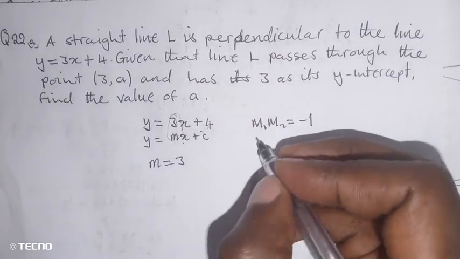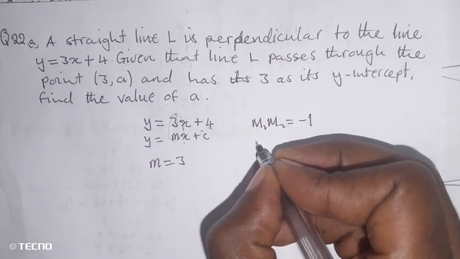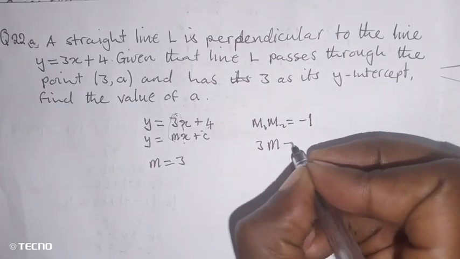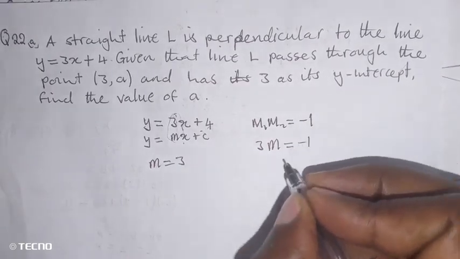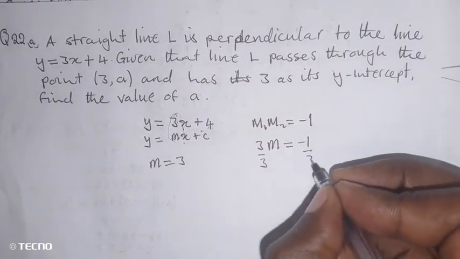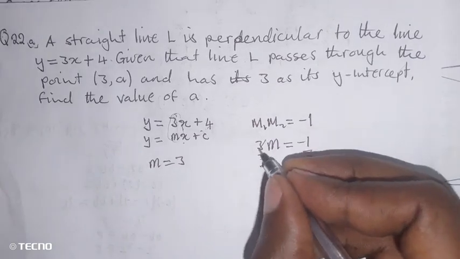So in this formula, we say that our m1 is equal to 3 times another m should give us -1. We divide throughout by 3, so this one and this one will go.